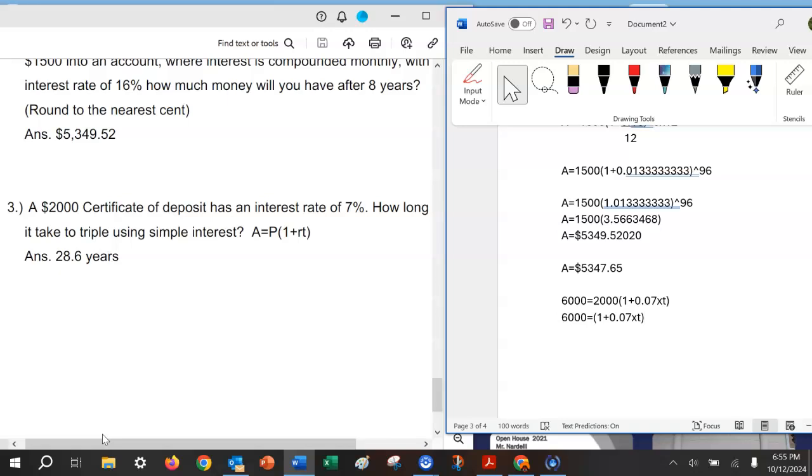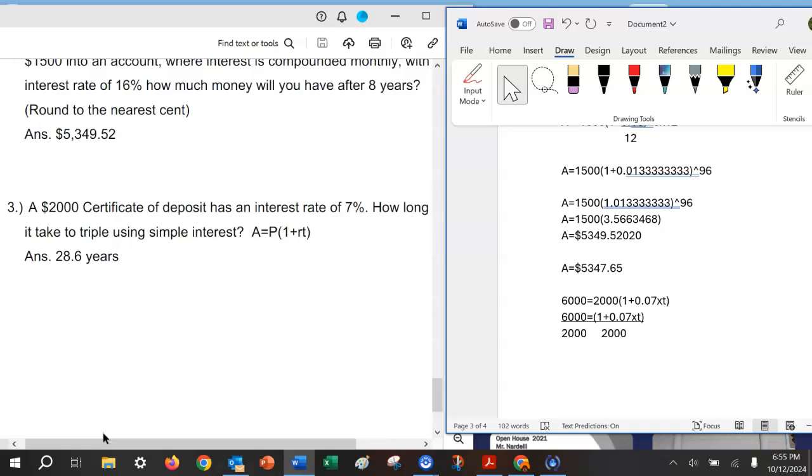What I'm going to do is divide both sides by 2,000. Whoops, that was 2,000. Okay, so to make this legit, let's put a little underline there. So what that's going to do is free up that variable on the left side.